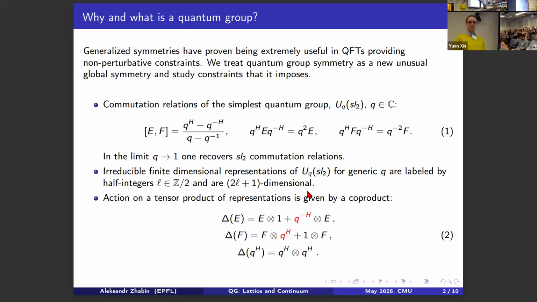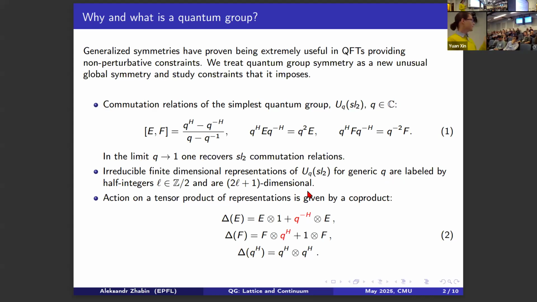So what is a quantum group? It is easier to explain on an example. The simplest example is denoted U_q(sl2), and it can be understood as a deformation of the standard SL2 algebra by some parameter q. q is a complex number. You can see that the commutation relations of the standard SU2 are deformed, and q appears in the commutation relations.